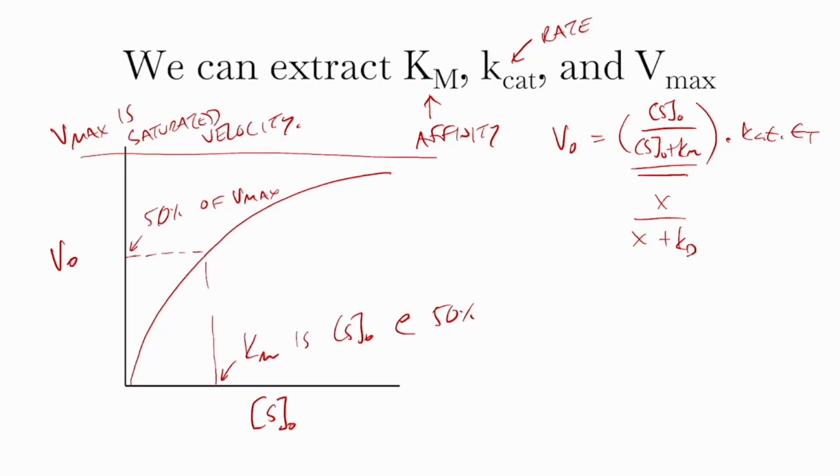So what is Vmax on this graph here? Well, Vmax is when the enzyme is completely saturated. What that means is this here should be 0, right? You're at a very high concentration of S relative to Km. So the Vmax equals kcat times the enzyme concentration.